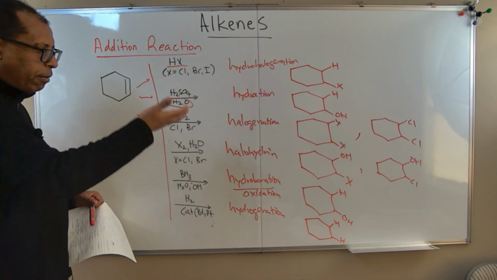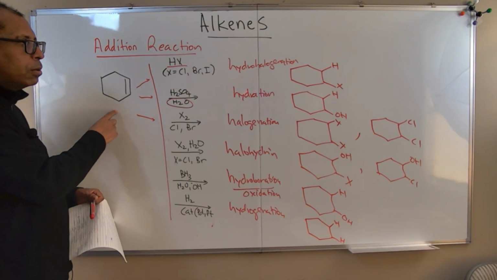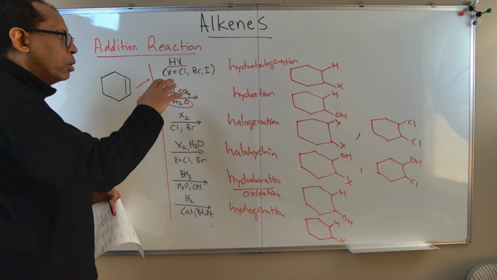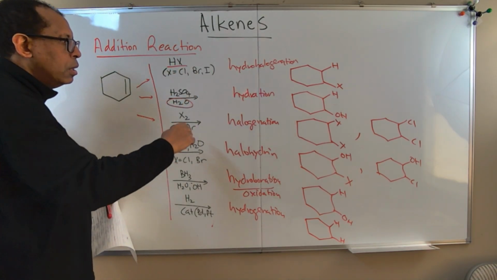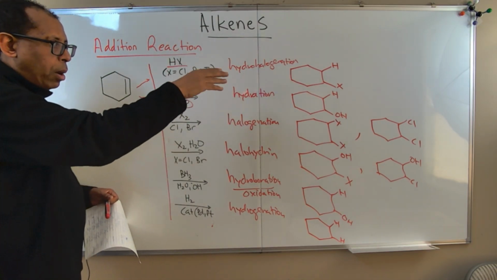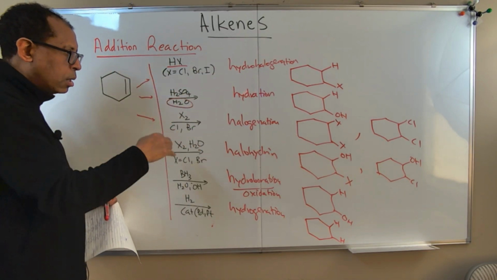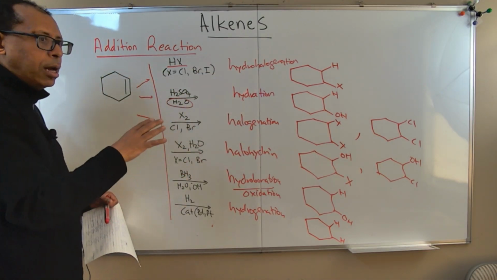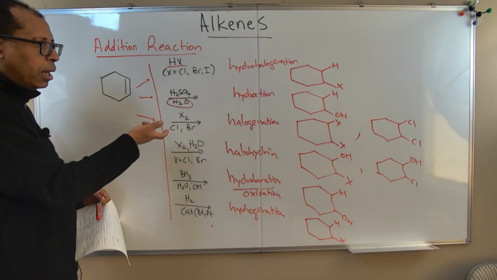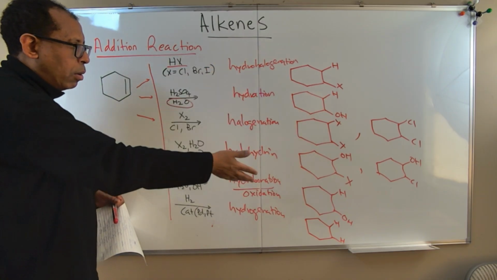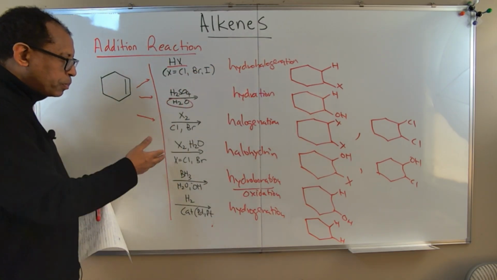So some of the reactions an alkene undergoes would be hydrogenation, hydrohalogenation, where you add a halogen and hydrogen, hydration, where you add a hydrogen and OH group, which is addition of water, halogenation, you are adding a molecule of chlorine or bromine. That means you are adding a dichloro or a dibromo.